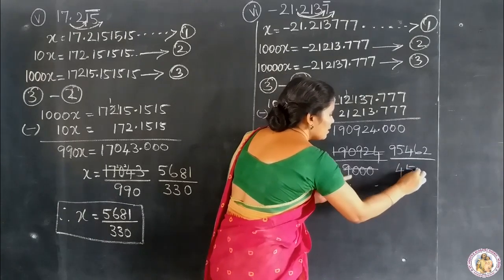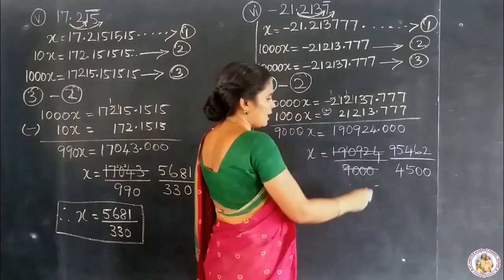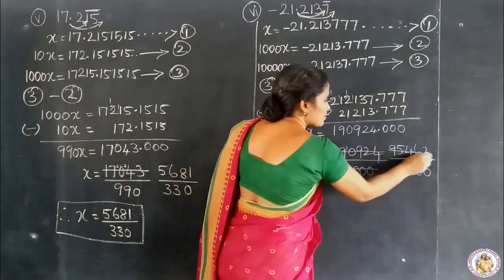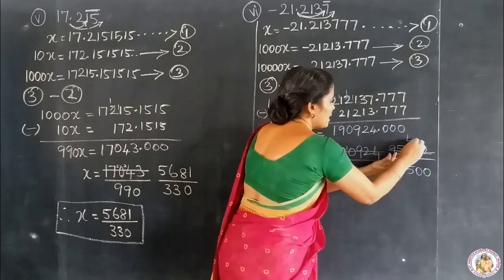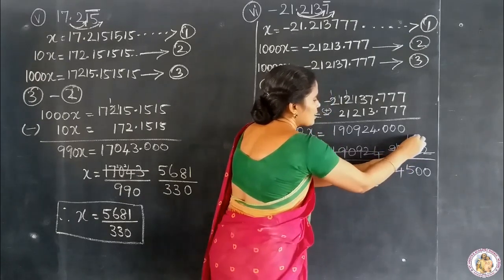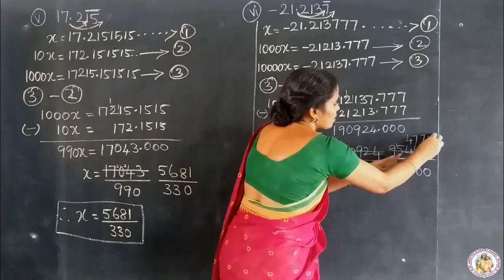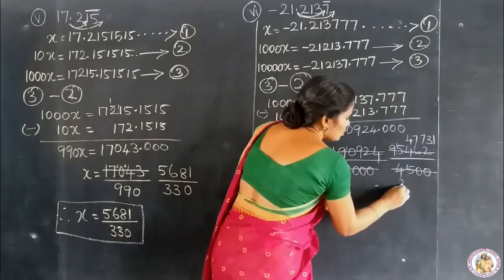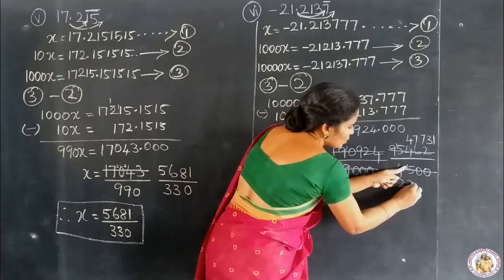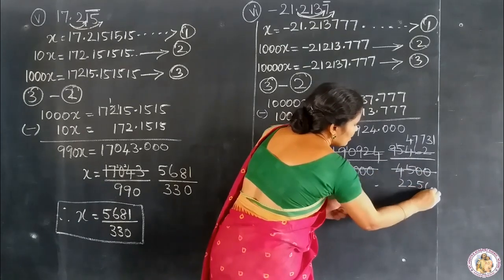Again it will go in 2 tables. 4 2s are 8, 7 2s are 14, 3 2s are 6, 2 2s are 4, 5 2s are 10.